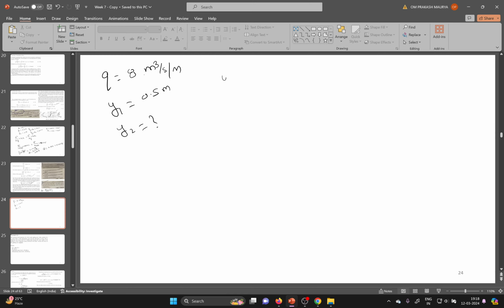So y2 is y1 by 2 times minus 1 plus root under 1 plus 8 Fr1 squared. So this is the whole equation. What is Fr1? You know already, v1 by root g y1. What is velocity? Your velocity is equal to discharge by area, always know.